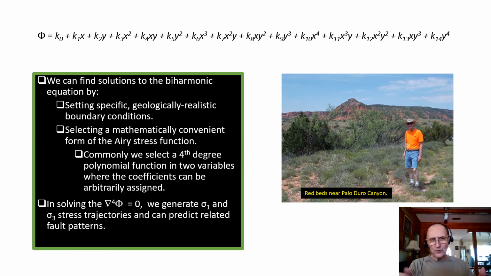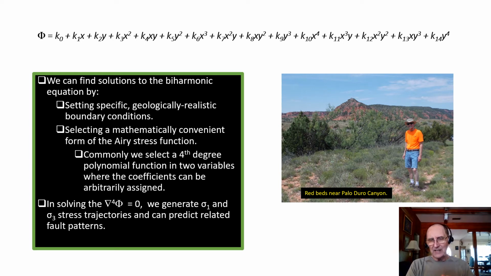We can find solutions to the biharmonic equation by setting specific geologically realistic boundary conditions, and that is the hardest part by far. Also selecting a mathematically convenient form of the Airy stress function.